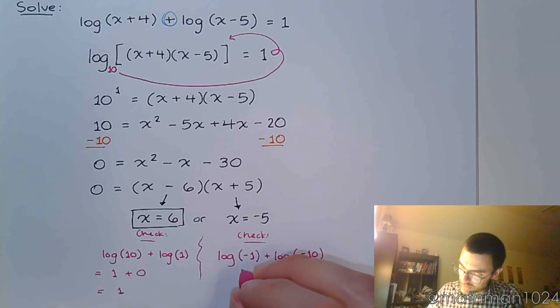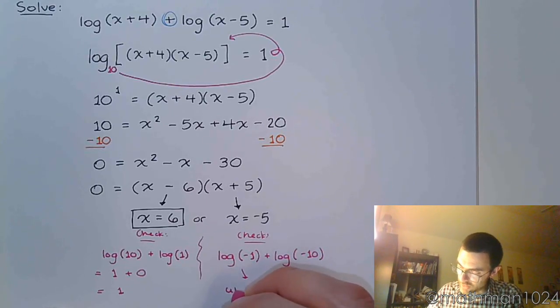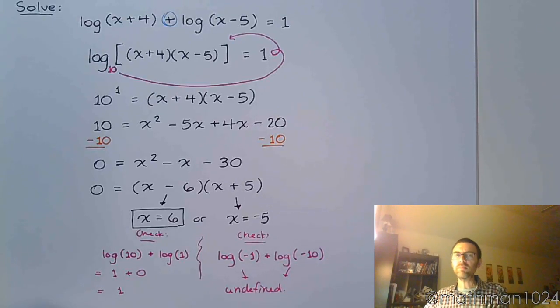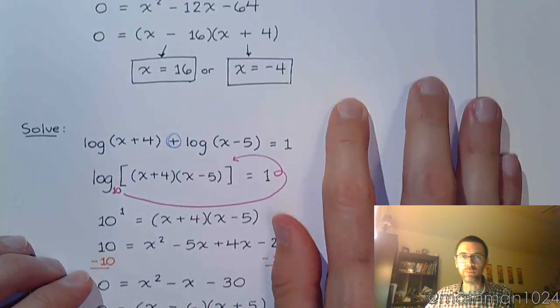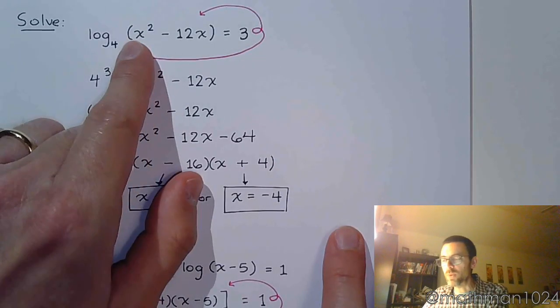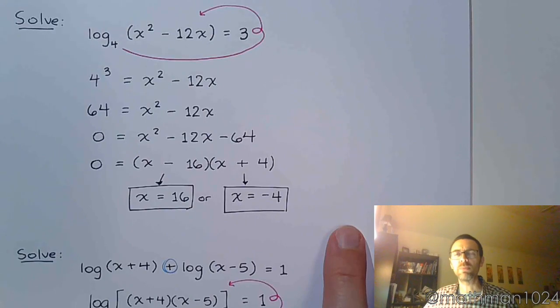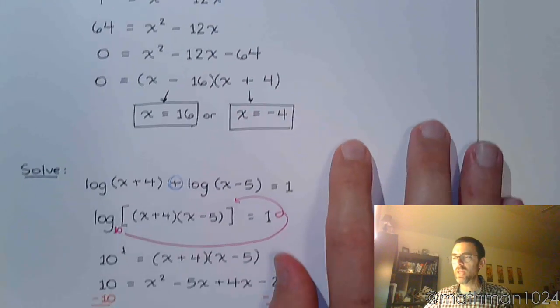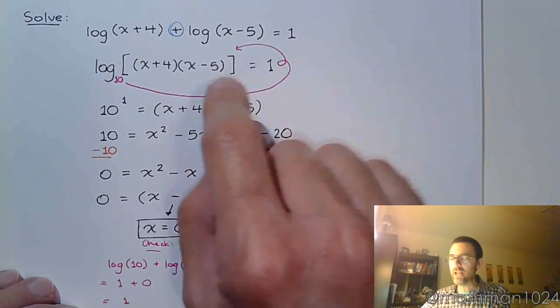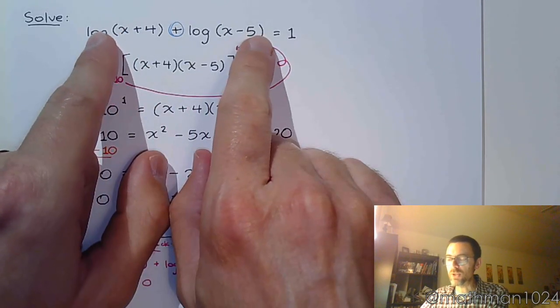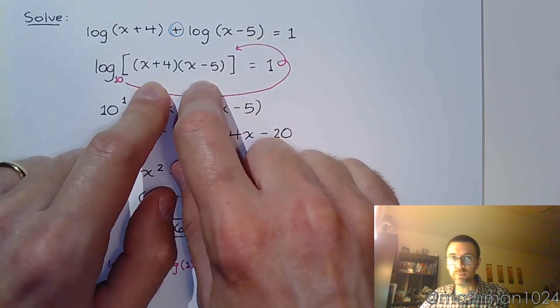Unfortunately, these guys are undefined because you can't take the log of a negative number. Now here's the difference between this problem and the first one. In the first problem, my quadratic was already established being inside the logarithm. So it's going to be pretty easy for both of those solutions to work. Down here, I didn't have my quadratic until I used a property of logarithms to bring them together.